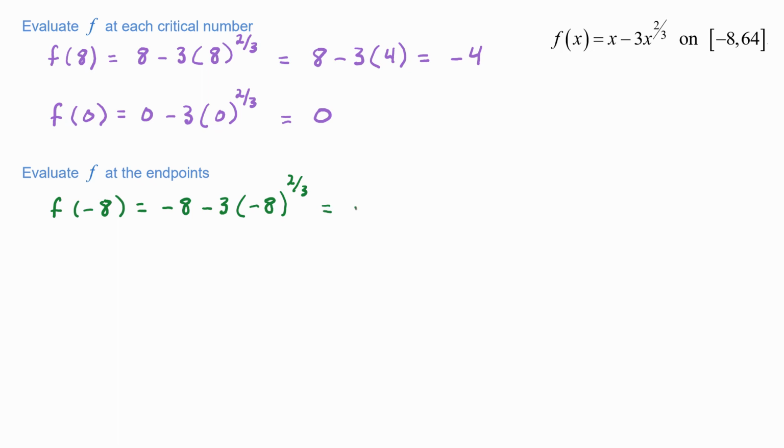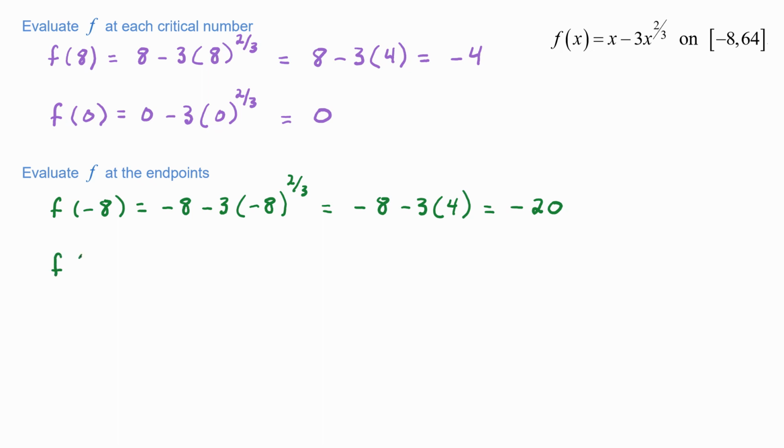So that becomes negative 8 minus 3 times. Now the cube root of negative 8 is negative 2, and then negative 2 squared is going to be 4. So we have negative 8 minus 12, which is negative 20.